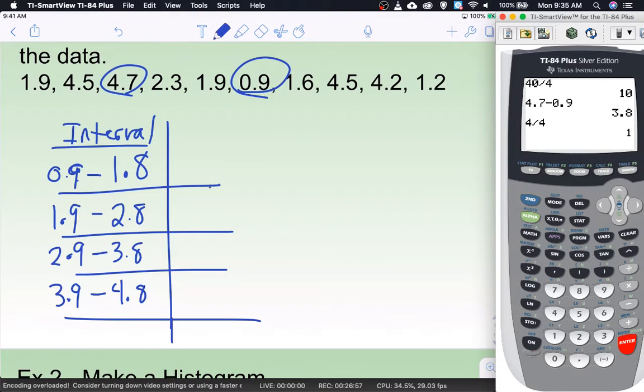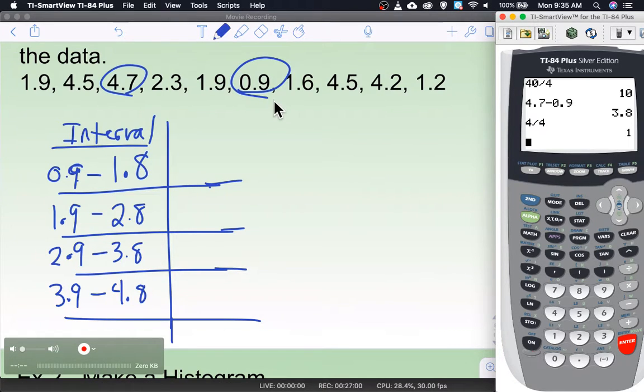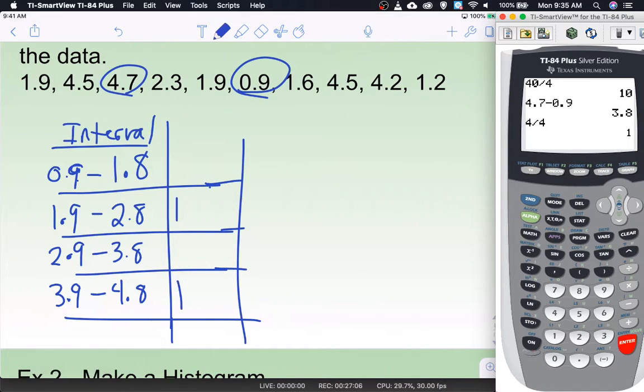Now we make our tallies to record how many numbers fit in each of these intervals. So 1.9, 4.5, 4.7, 2.3, 1.9, 0.9, 1.6, 4.5, 4.2, and 1.2.